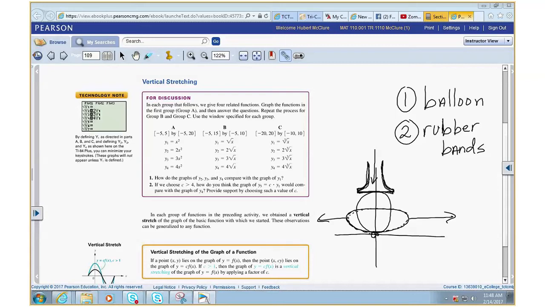So if you're compressing along the y-axis, you're stretching along the x-axis. Those two go hand in hand. You can say that you're stretching along the x-axis or compressing along the y-axis.